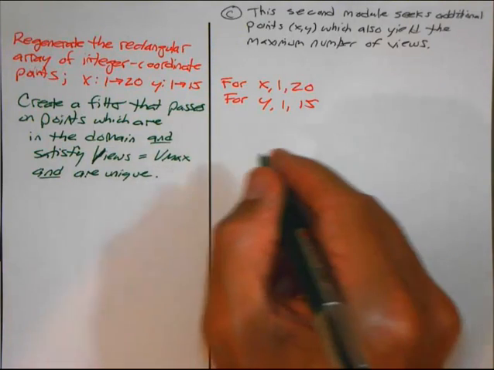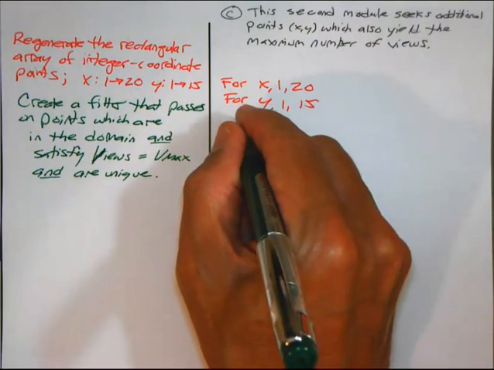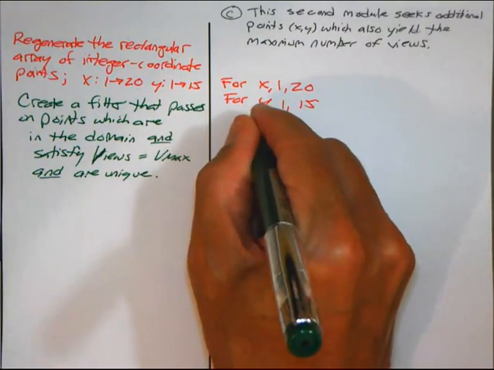For creating a filter, a conditional statement works pretty well here. So how could this look? We could go ahead and say if.